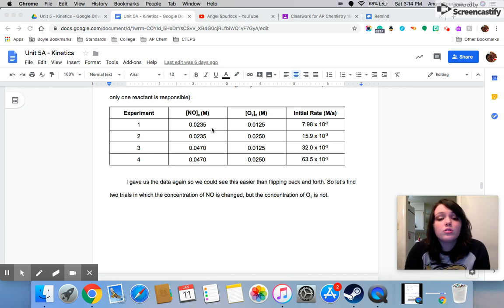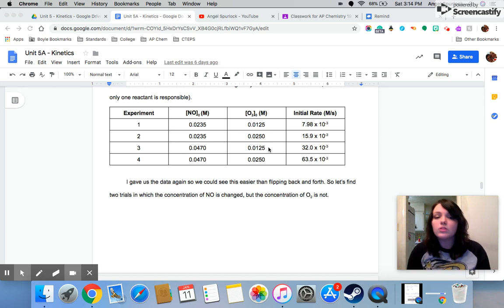But if I look between trials 1 and 3, nitrogen monoxide's concentration has doubled, while oxygen's concentration has stayed the same. So that means if the rate of the reaction has changed between trials 1 and 3, only nitrogen monoxide is to blame.